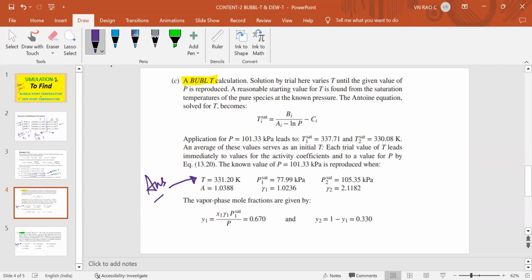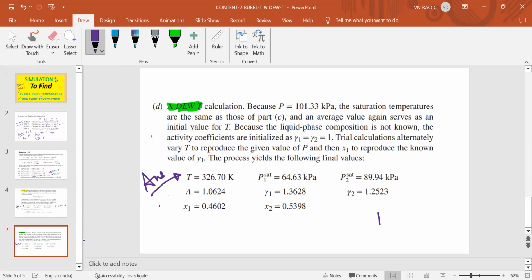The bubble point temperature answer here is 331.2 Kelvin, and the dew point temperature answer is 326.7 Kelvin.